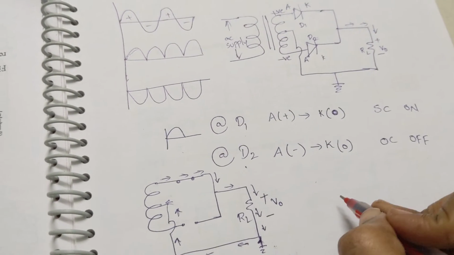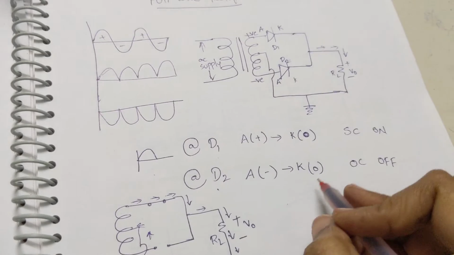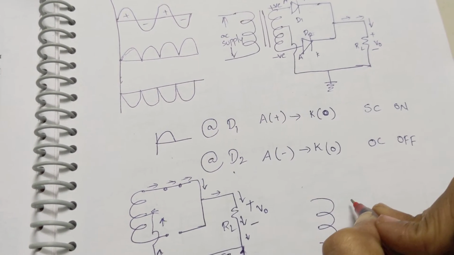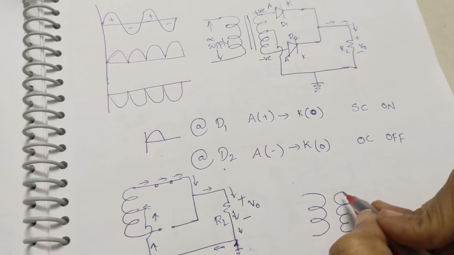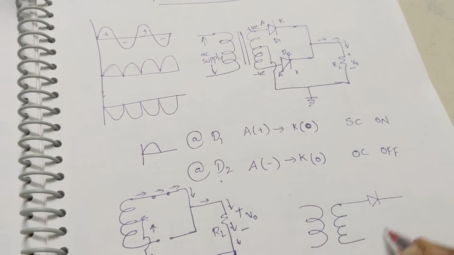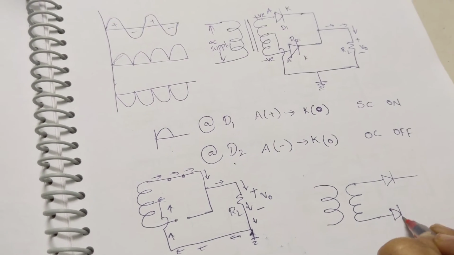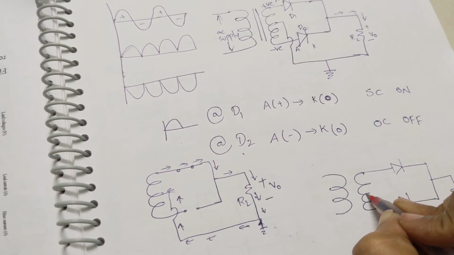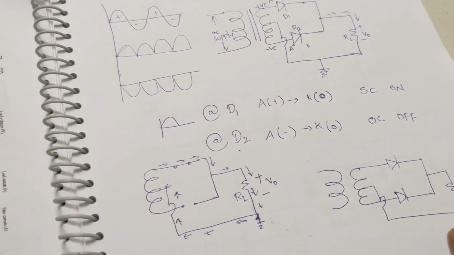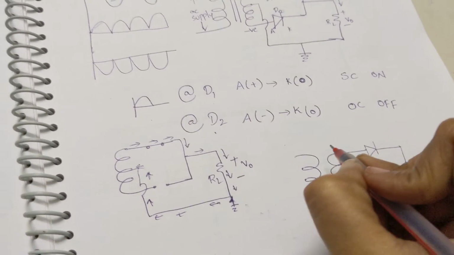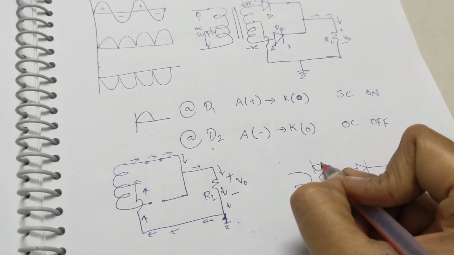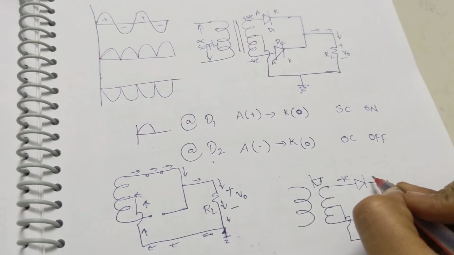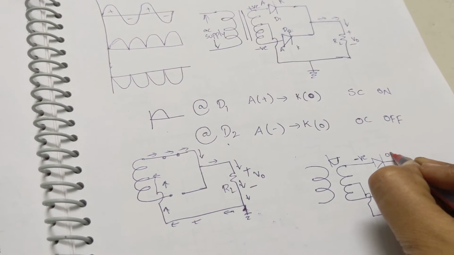What about when I apply the negative peak? So when I apply the negative peak here, this anode will be negative, and the cathode will be at zero potential.